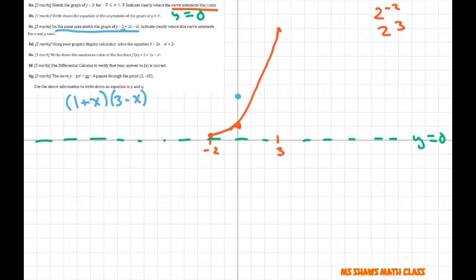Let's just make sure that's it. So I'm going to rewrite this a little bit. I'm going to write this as negative x squared plus 2x plus 3. So we're going to get a negative x, a 3 and a 1.